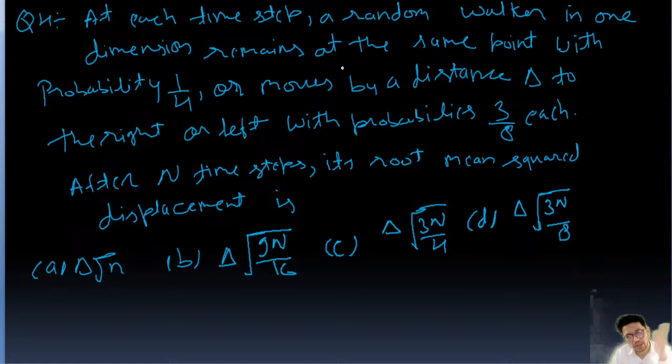So if it walks right, the probability is 3/8, and if it moves left, the probability is 3/8. That is given. After n steps, you need to find its root mean square displacement. Very good question.